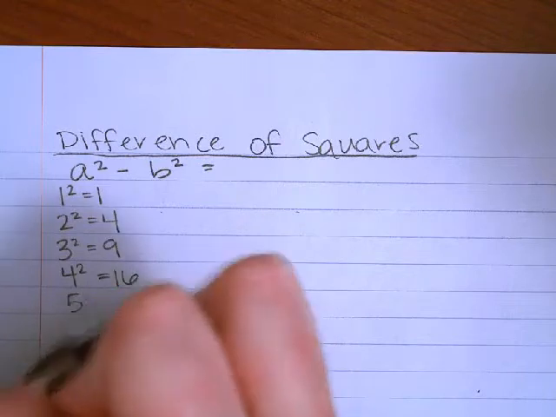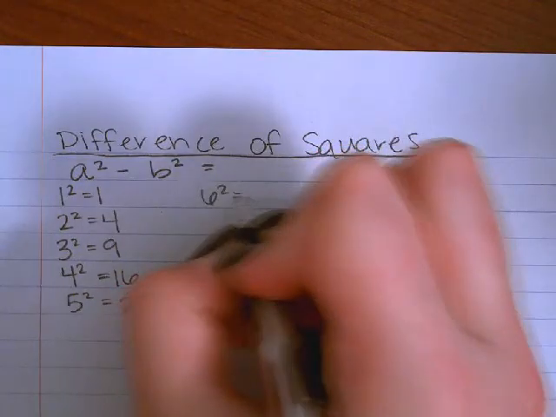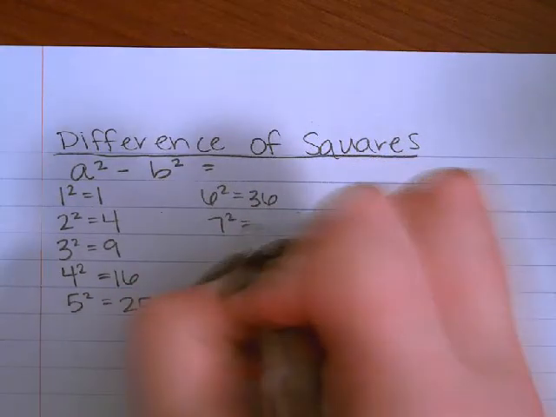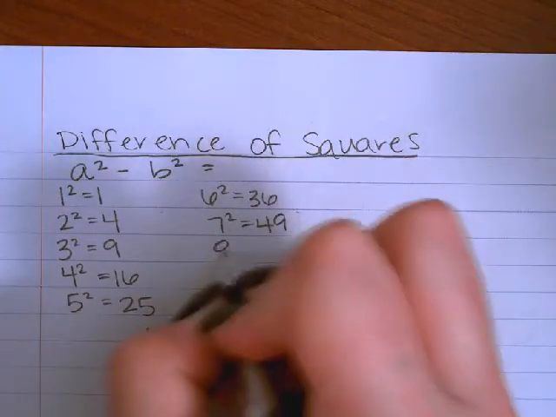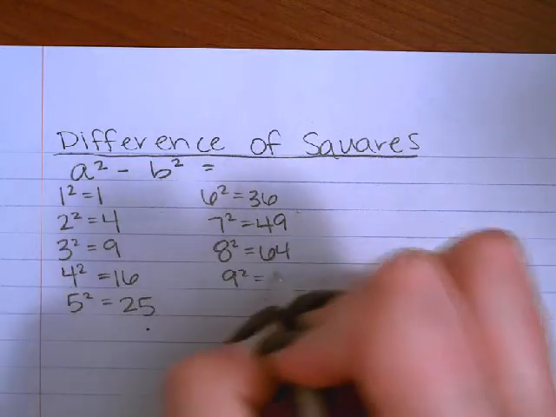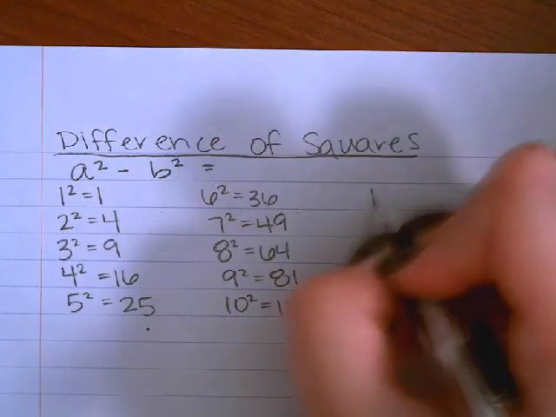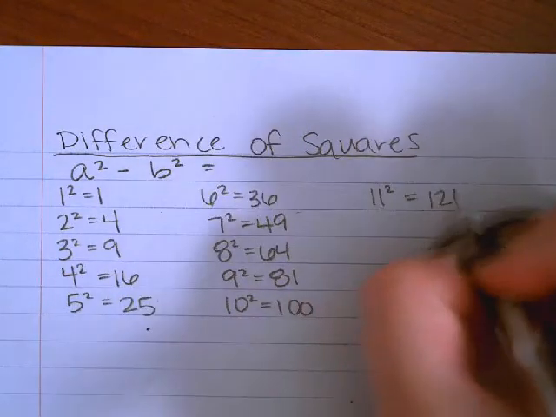And I'm going to go ahead and make a list because some students don't have these memorized. And it would be good to have them written down so that you can recognize them when they happen. They get a little bit more difficult after you get past 100.